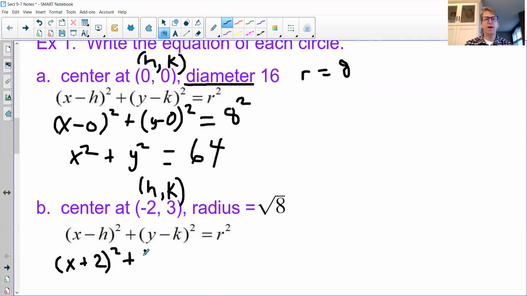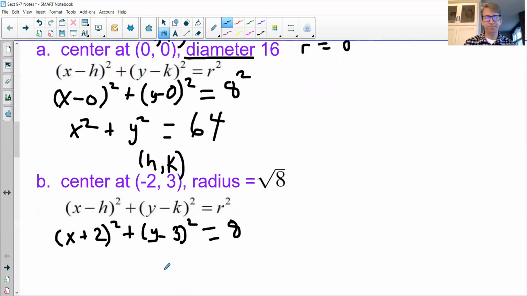And then we're going to add y minus 3, and that's going to be squared. And then we take the square root of 8 and we square it. So the square root of 8 squared is equal to 8. So your answer is x plus 2 quantity squared plus y minus 3 quantity squared is equal to 8.